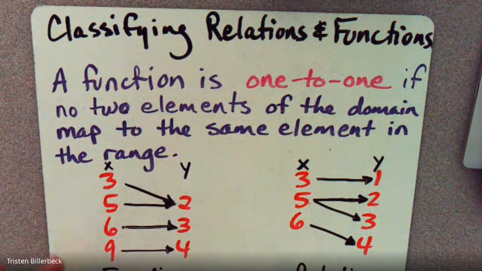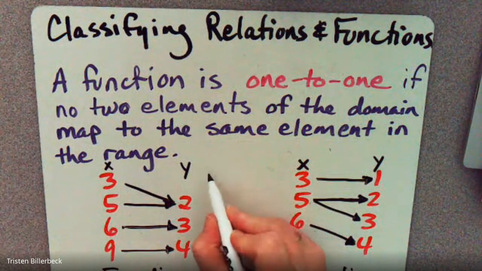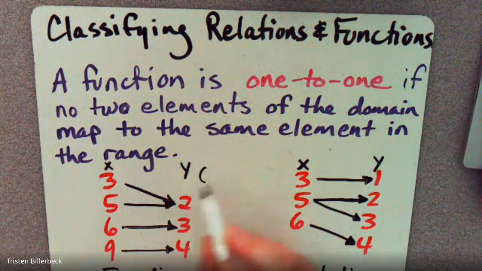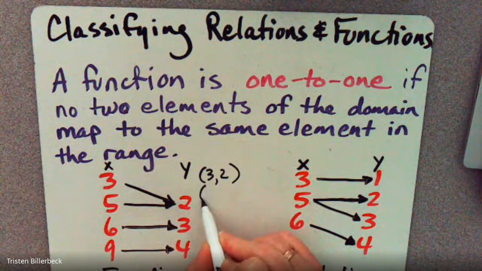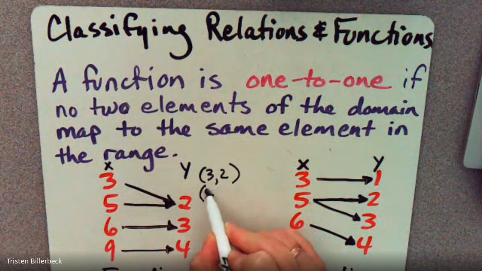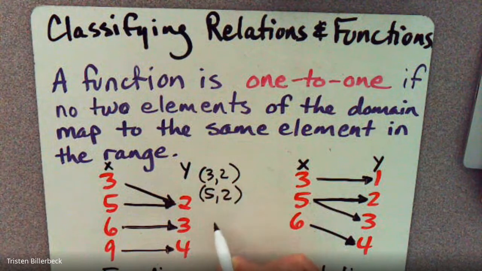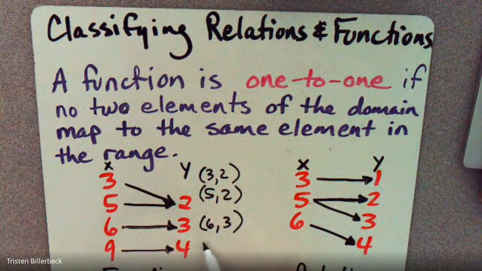For this particular one, these would be my coordinates: 3, 2, 5, 2, 6, 3, and 9, 4. So that's how it would map.